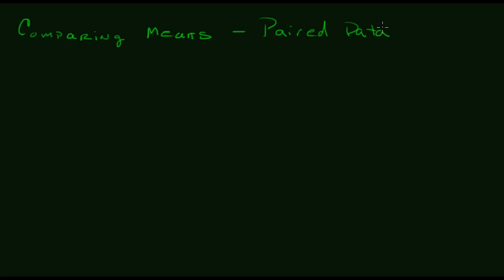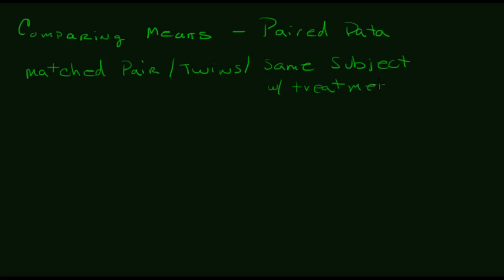Somehow in the design of your experiment, you either have a matched pair design, or twins, or the same subject with treatment and without treatment. Okay, so these are the types of situations that can cause that to happen.